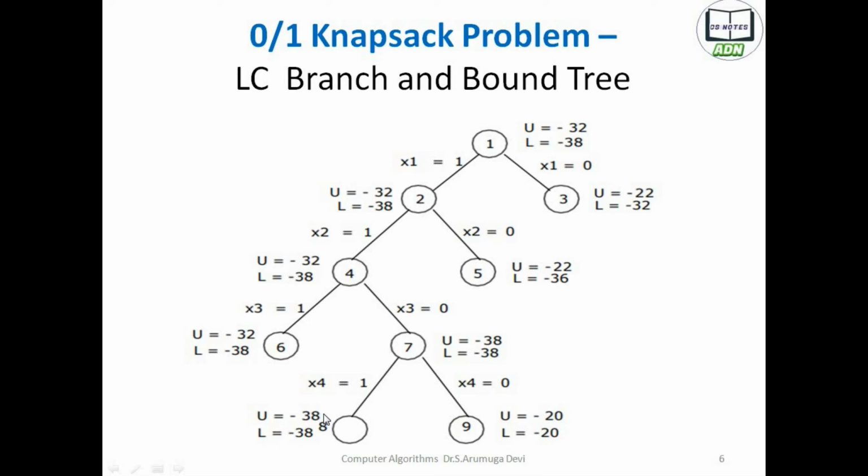So here the upper bound is minus 38, so the maximum profit we can earn is 38. This other node is not feasible, so this is the solution: you are taking the first item, second item, not the third item, and the fourth item. This is the solution space for this problem.